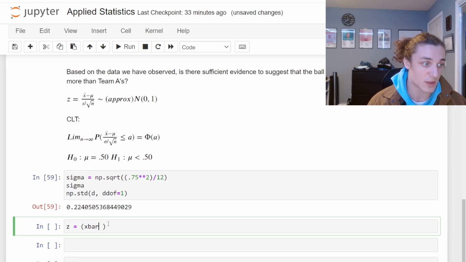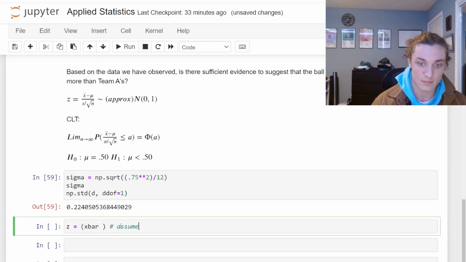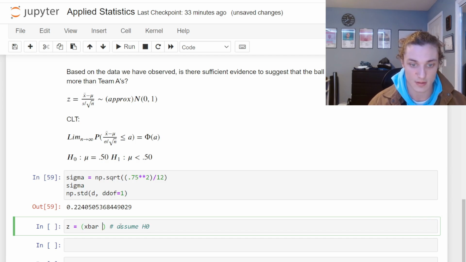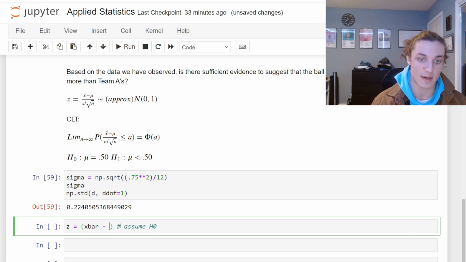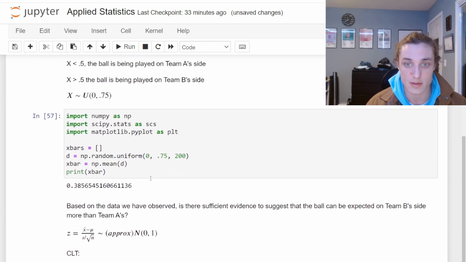So first we assume H0, because we don't actually know it, but let's assume that it's correct. So we throw in mu here as 0.5. Then we divide by the sample standard deviation, a reasonable approximation, divided by the square root of n, which I believe is 200.